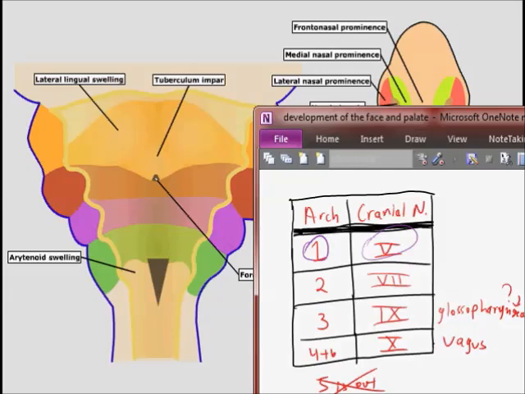I should have drawn it in orange, as a matter of fact. That would have been a lot easier to follow. I'm sorry, guys, it's my first time doing something like this. Hopefully it's helping, but if not, I have it for me too. Let's just do it for simplicity. Arch 2, we'll leave it like that. Arch 3, we'll do it in purple because purple.